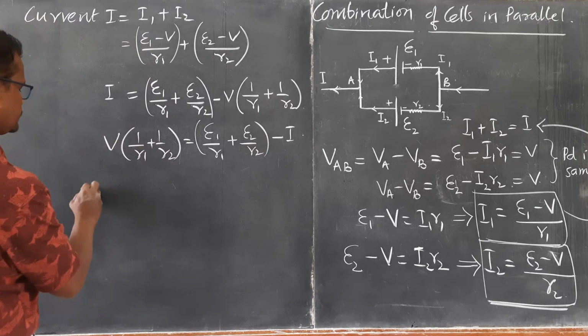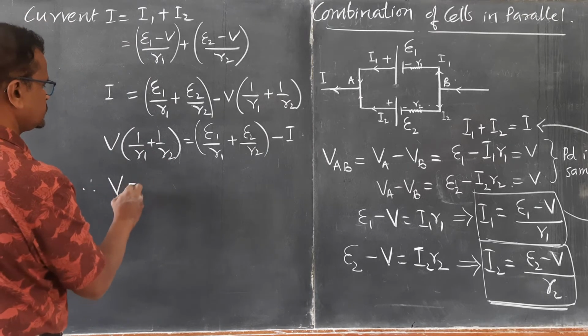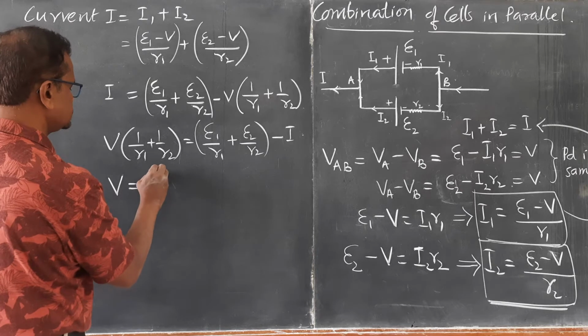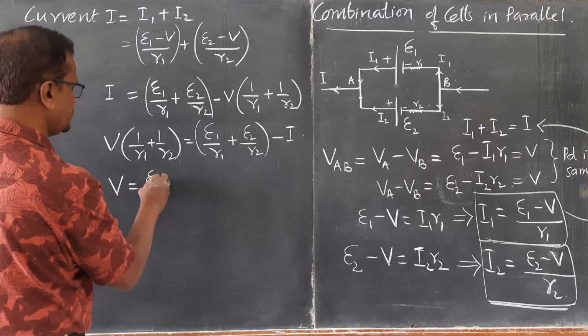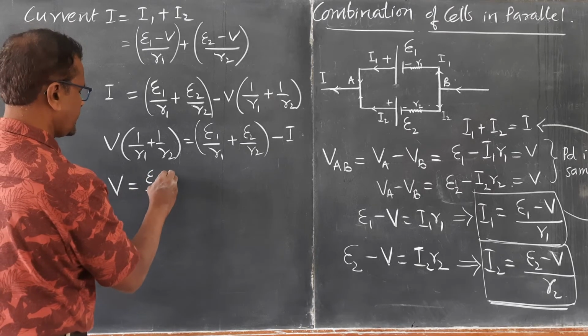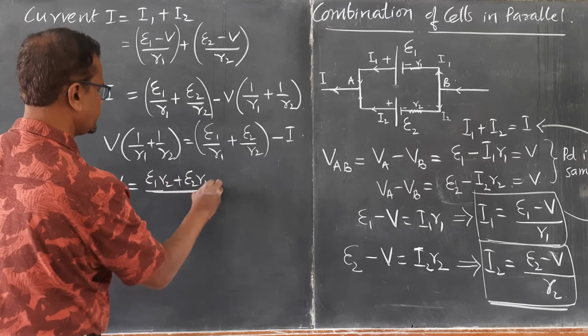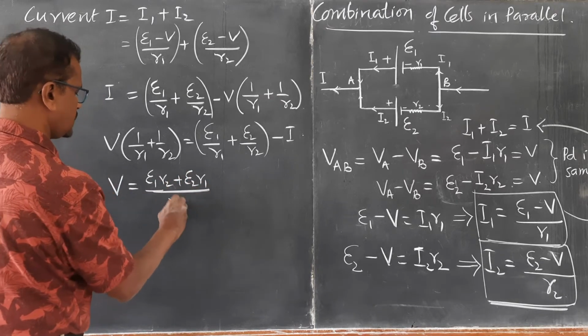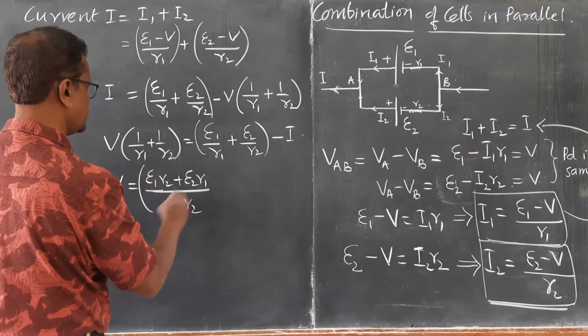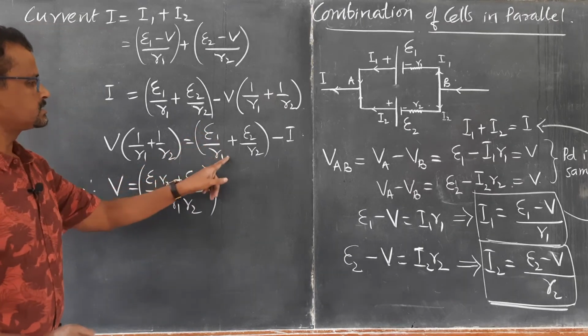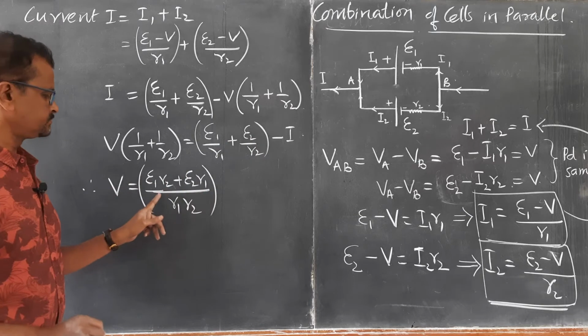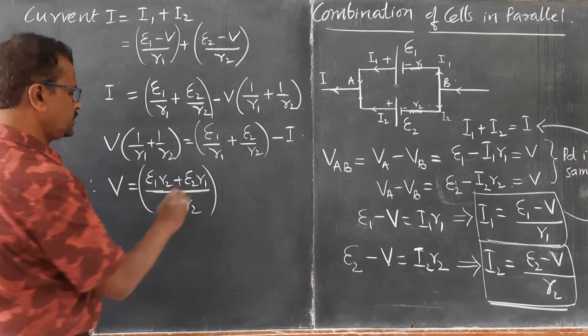So therefore, what is V? V is equal to E1 R2 plus E2 R1 divided by R1 R2, into bracket.